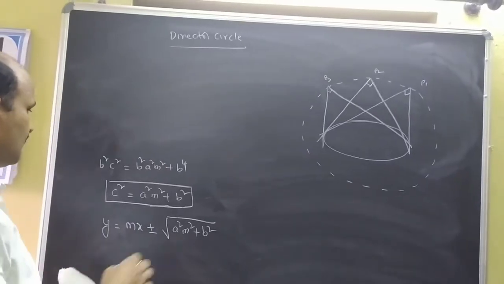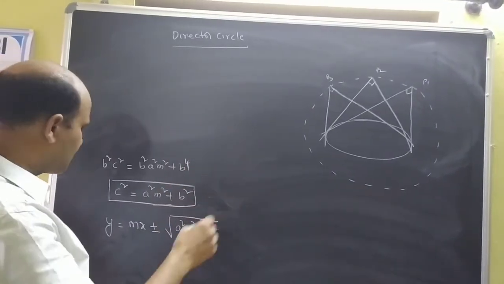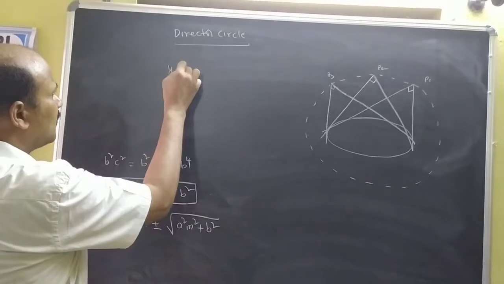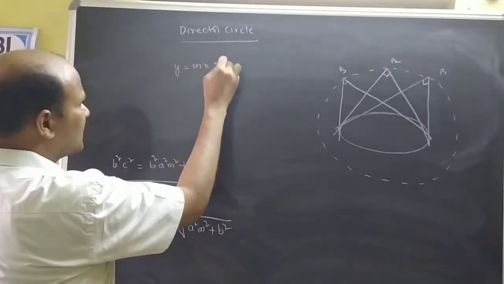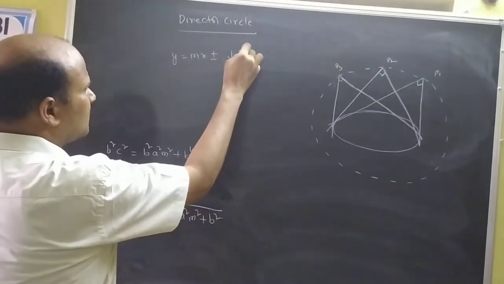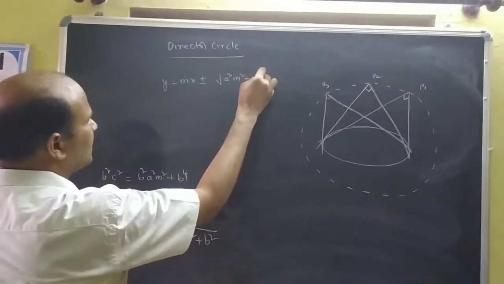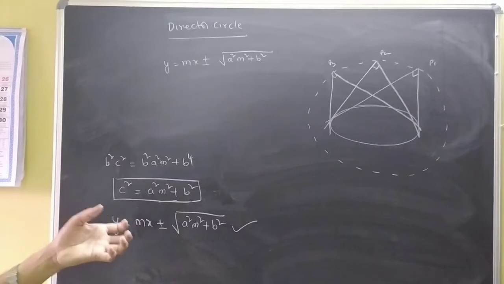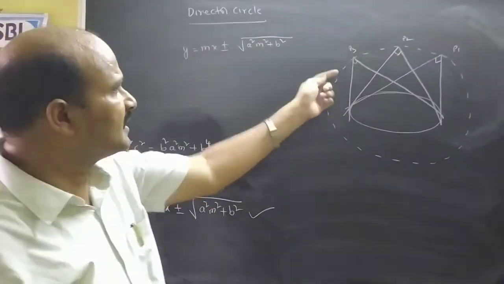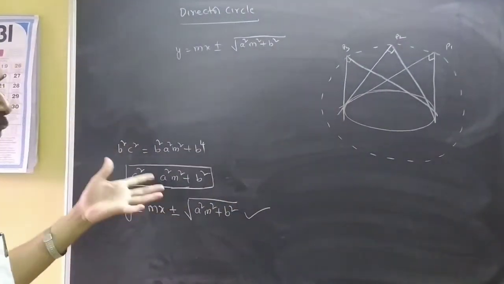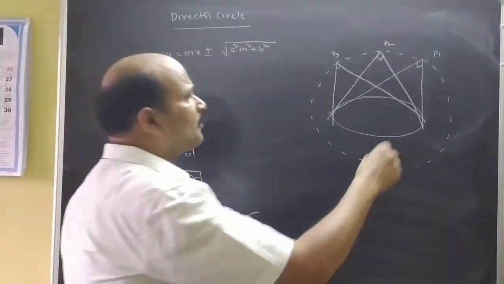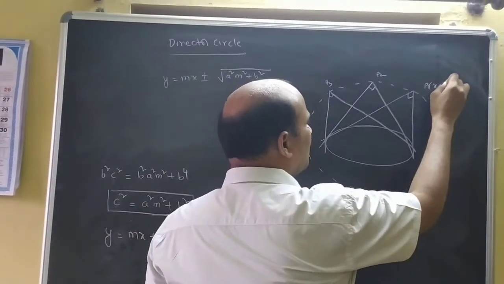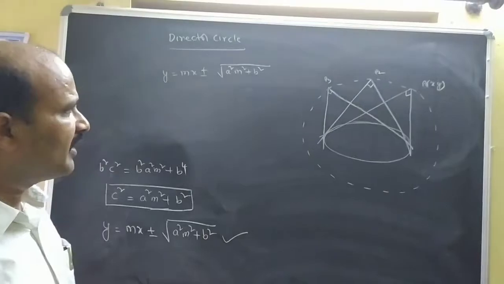Now let us take the equation y is equal to mx plus or minus root of a square m square plus b square. This is any tangent, that is, the pair of tangents: one tangent and another tangent from an external point, let us take the point x comma y. That is the variable point.